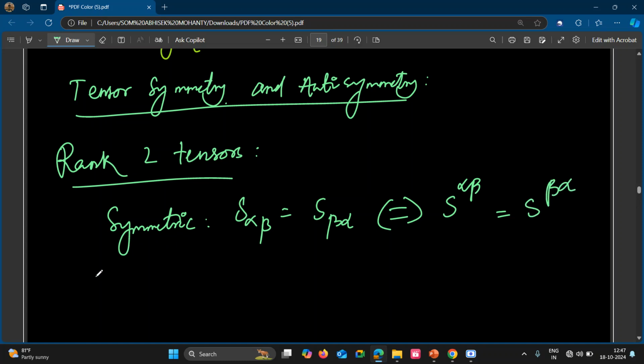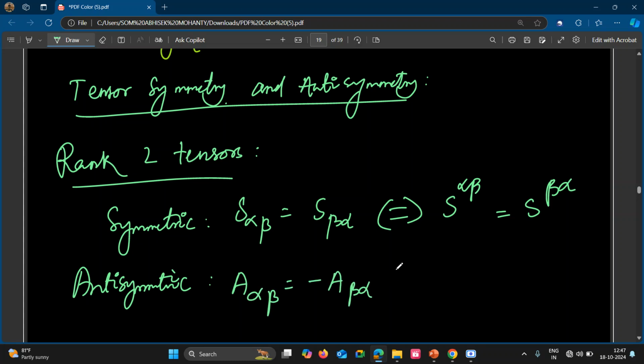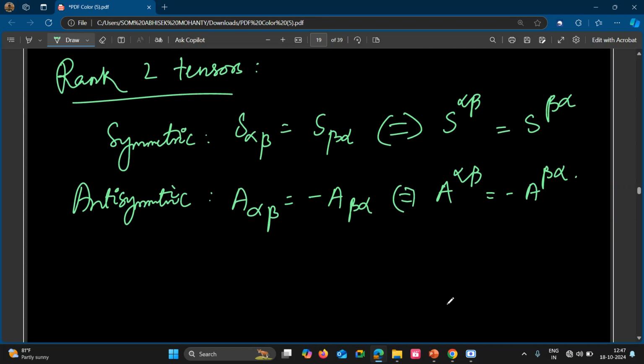What is antisymmetric? Antisymmetric can be A alpha beta is equal to minus A beta alpha, or for contravariant A alpha beta is equal to minus A beta alpha. Just write it down.